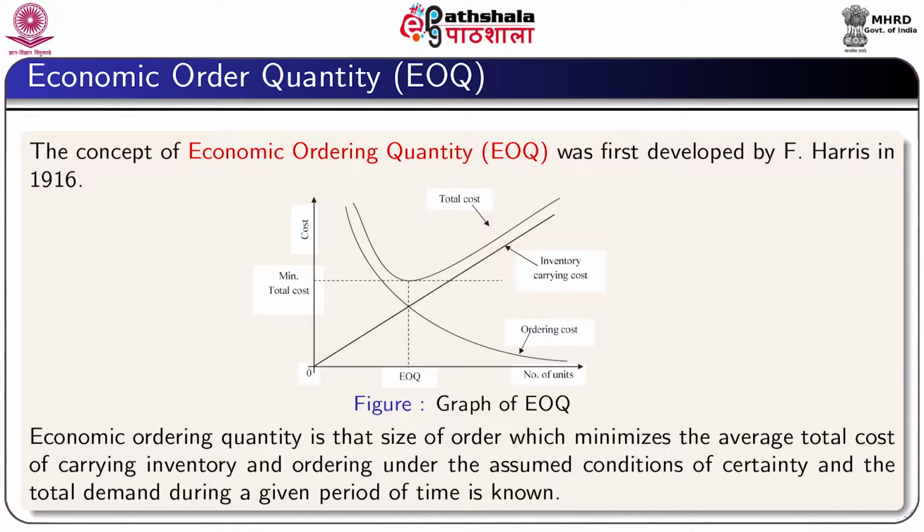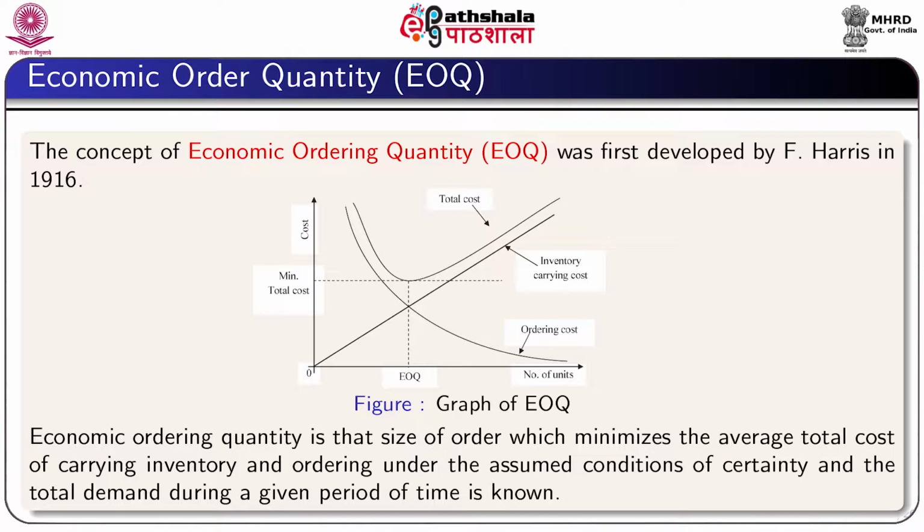Let us now define a very important concept in inventory theory, which is known as economic order quantity or EOQ. The concept of economic order quantity was first developed by F. Harris in 1916. The concept is as follows. Management of inventory is confronted with a set of opposing costs, that is holding cost and ordering cost.